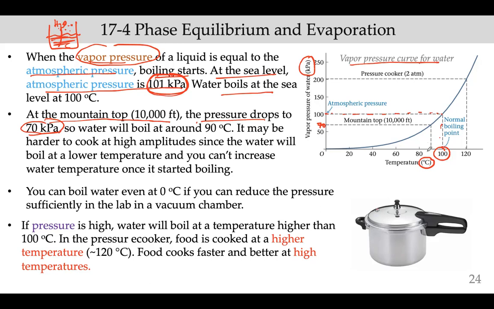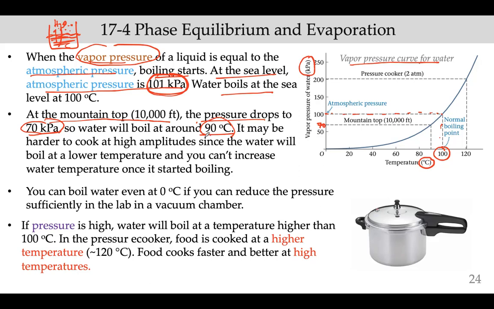It's about 90 degrees. So water will boil around 90 degrees. Remember, there's not enough air pressure to keep the water down in the container. So that pressure is lower, so the water can boil at a lower temperature, which is 90 degrees Celsius.